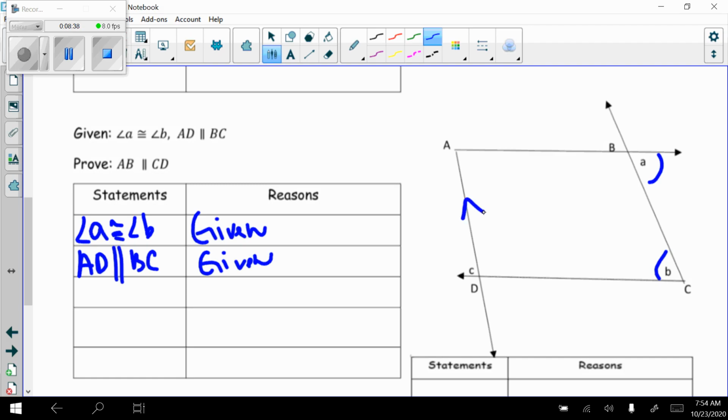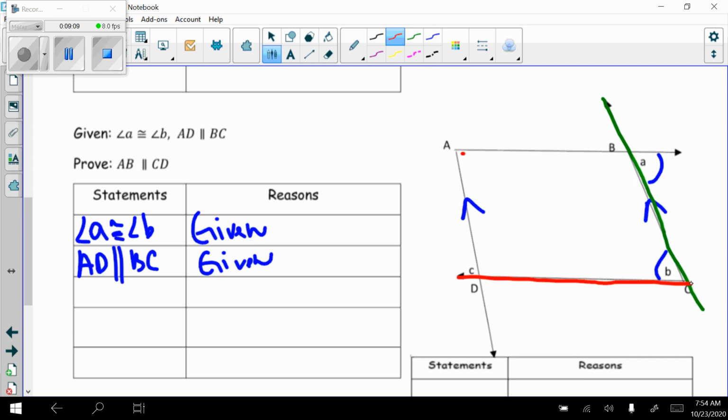So I know right off the bat that I can use this line right here, BC, as a transversal. They want me to prove AB parallel to BC, or sorry, AD parallel to BC, which means this red line DC is a transversal.